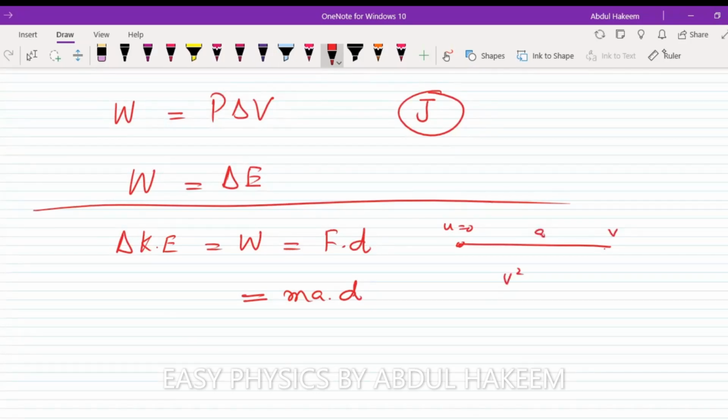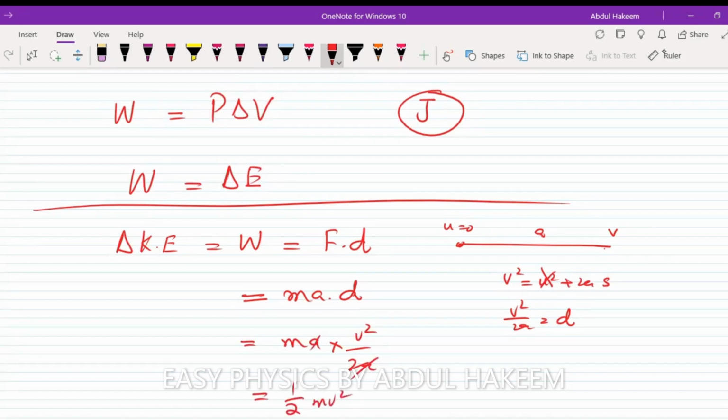So we can write v squared equals u squared plus 2as. When u is 0, then v squared divided by 2a is the distance. So we can write ma times v squared over 2a, a cancelled. So it becomes half mv squared. Okay, so that is the formula.